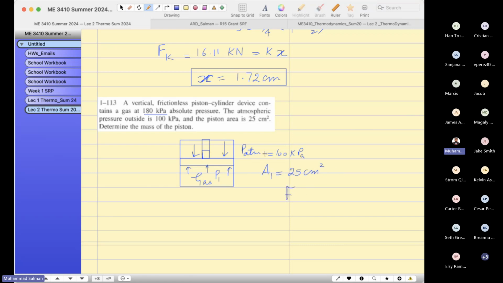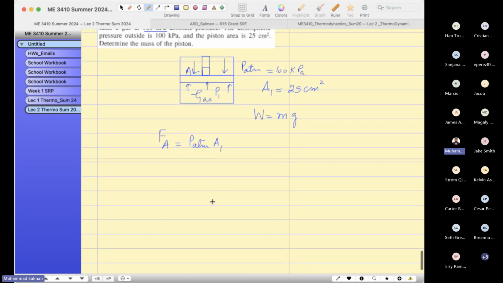So we know that W is also a force. W equals mass times gravity. So I'm going to balance this out.